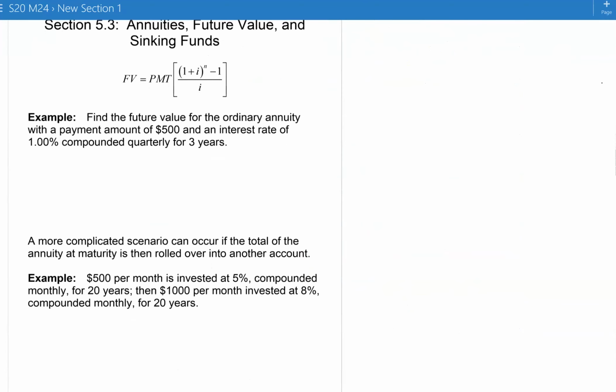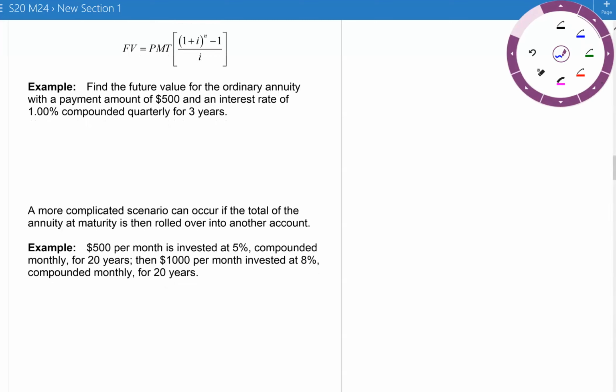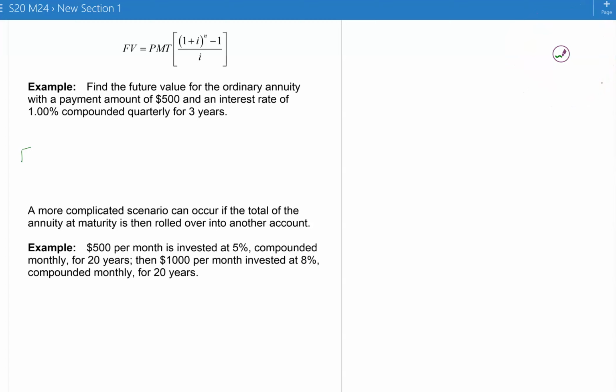Okay, so I have another example here, and I typed the formula again so that you could have it conveniently close by while you do this calculation. Let's do the future value of a payment amount of $500, 1 plus my interest rate, which is 1%, so that's 0.01 as a decimal.